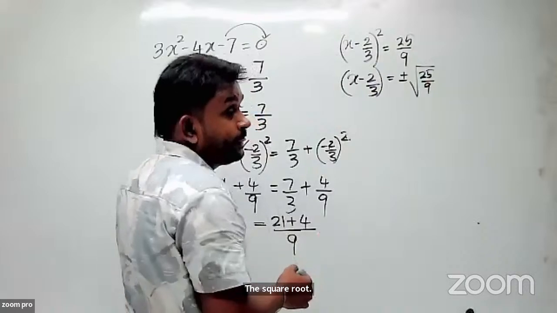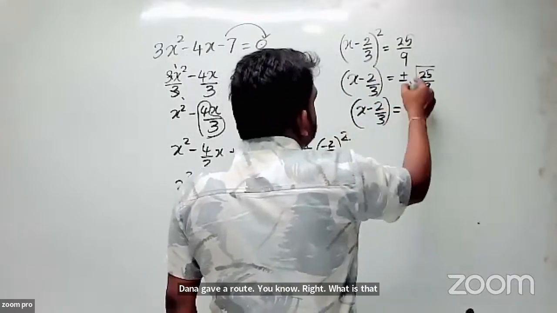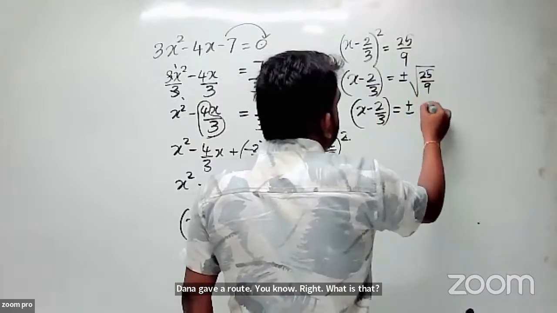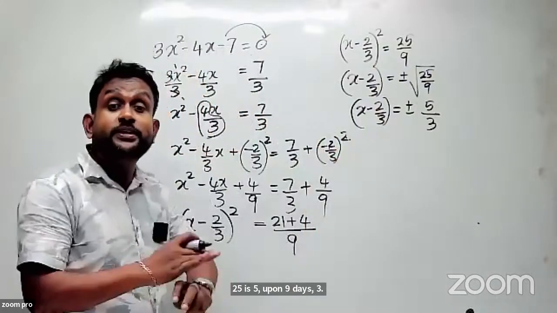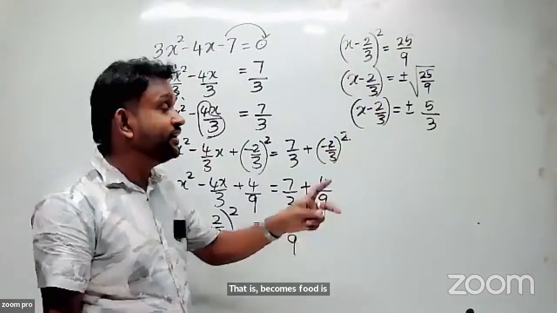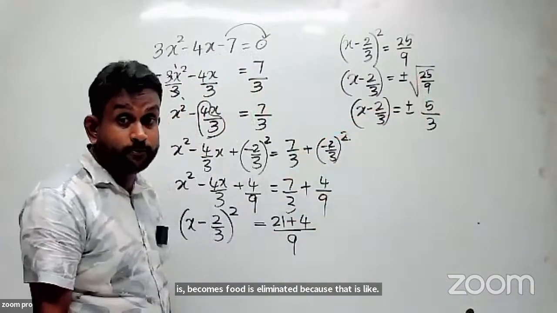Now look, both have roots. The root of 25 is 5 and the root of 9 is 3. The root is eliminated because 25 and 9 are perfect square values.